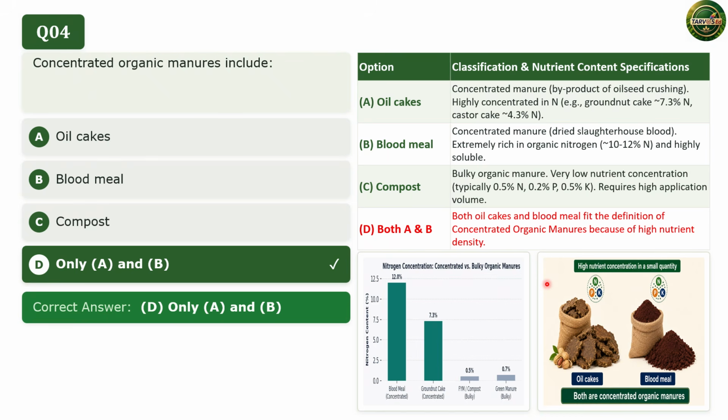Example, mustard cake, groundnut cake, castor cake, neem cake, etc. Meals are of animal origin like bone meal, blood meal, horn meal, meat meal, fish meal, etc. Guano also comes under animal origin, that is concentrated organic manure. It is nothing but bird excreta and dead bodies. So the answer is both oil cake and blood meal.